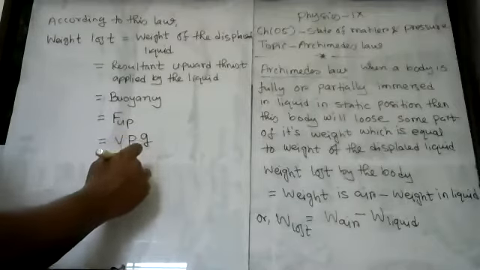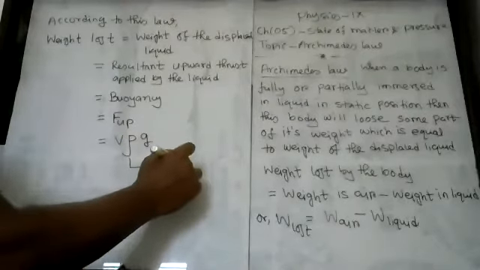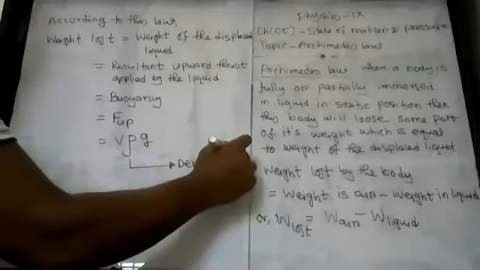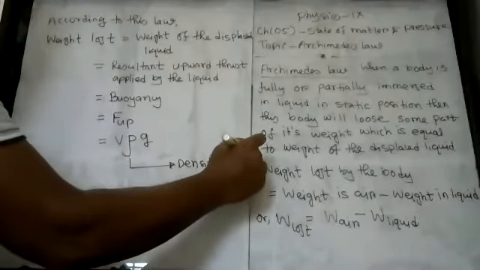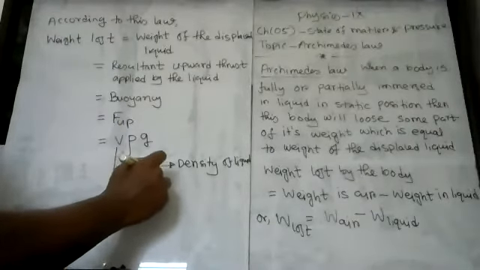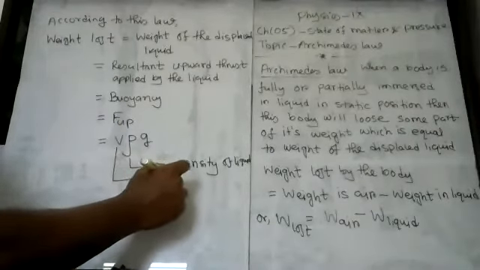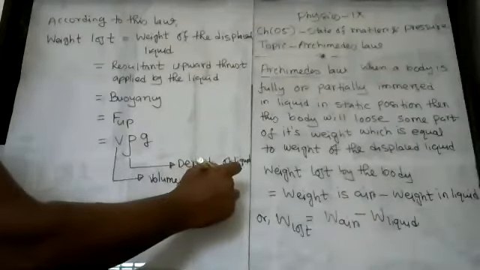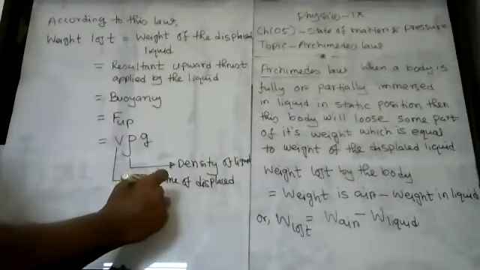And this rho is the density of liquid, my dear students, and this V is the volume of displaced liquid.